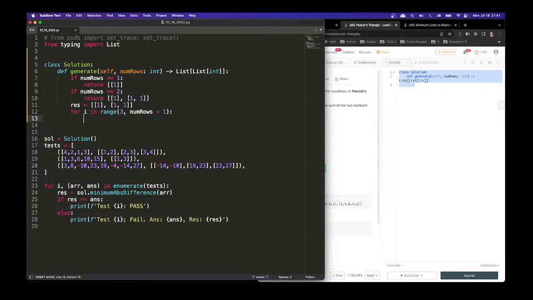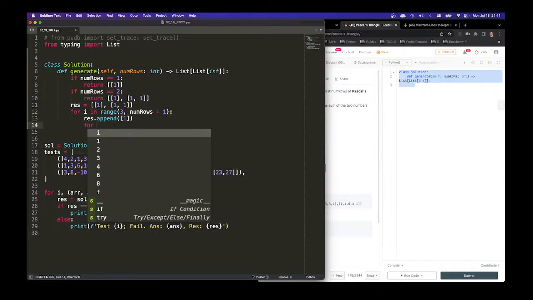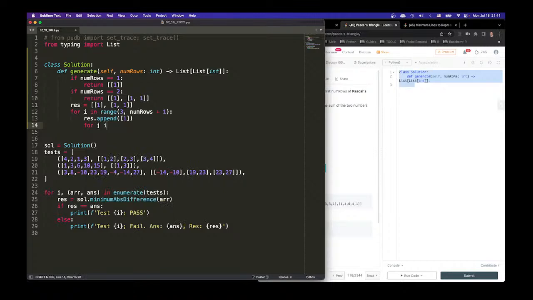Alright, res append, yes, and for j in range 1 to len of res. Ooh, actually, I don't want this. Temp equals this. Okay.